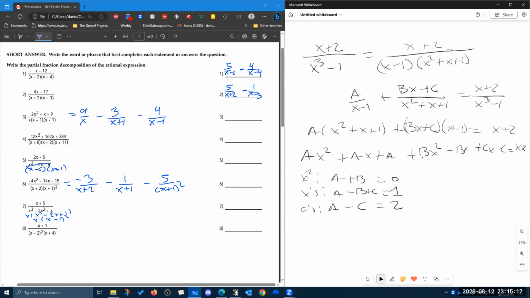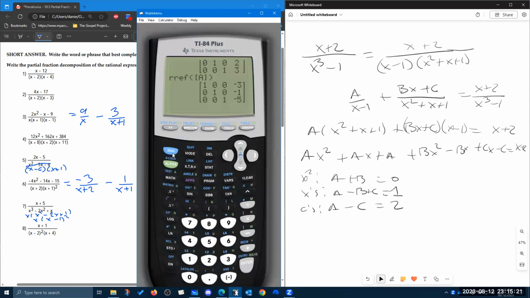So let's try that in my calculator. Let's just make a new matrix. 3 by 4, 1, 1, 0, 0, 1, negative 1, 1, 1, 1, 0, negative 1, 2.